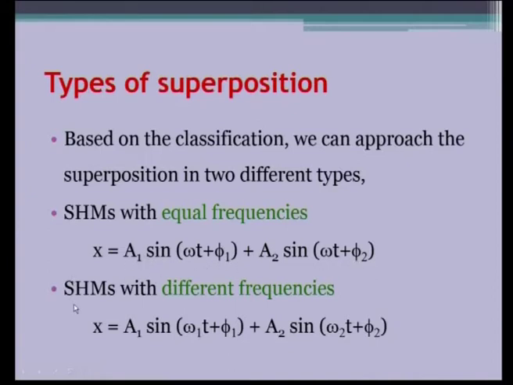And similarly SHMs with different frequencies. See, here the frequency is omega 1, here the frequency is omega 2. So, these two terms are combined together. So, this is also called the type of superposition. We can have the variation in the frequency, or we can have the same frequency also, or they call it same frequency and different frequency combination, that results in superposition of oscillations.